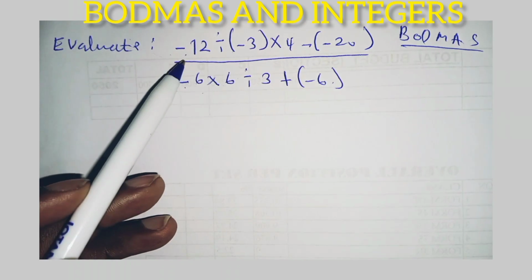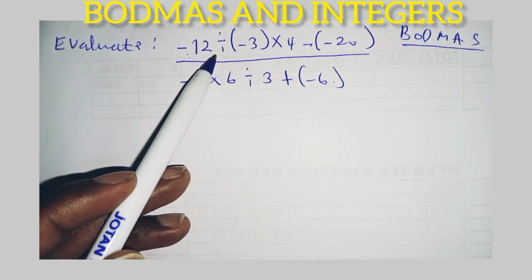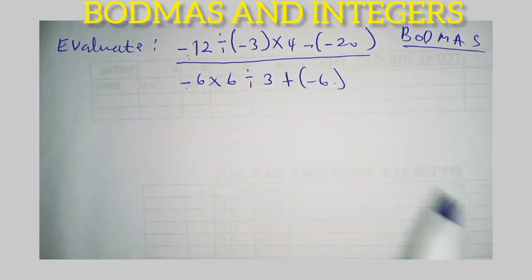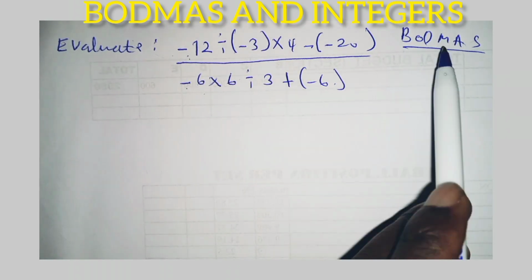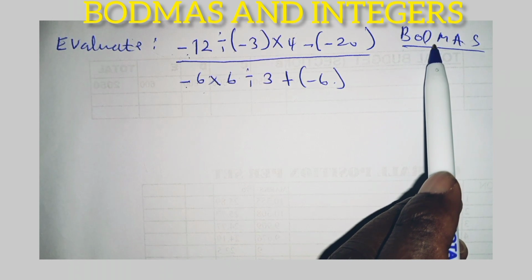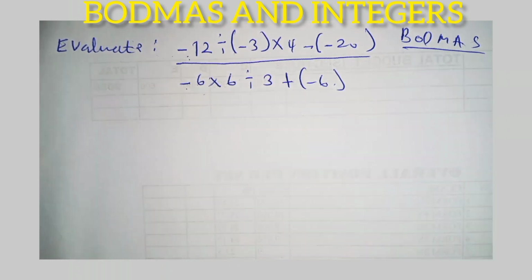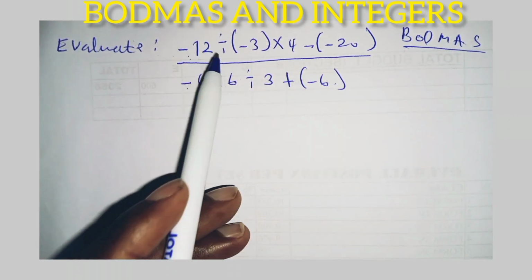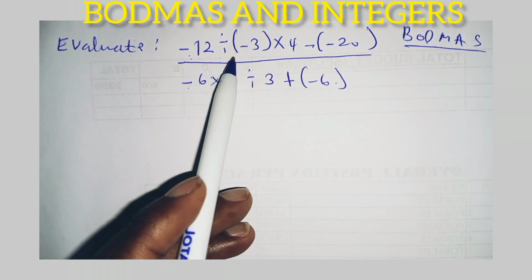So, you have negative 12 divided by, because here you have a bracket of division, so we start with the division. So, you have negative 12 divided by negative 3.